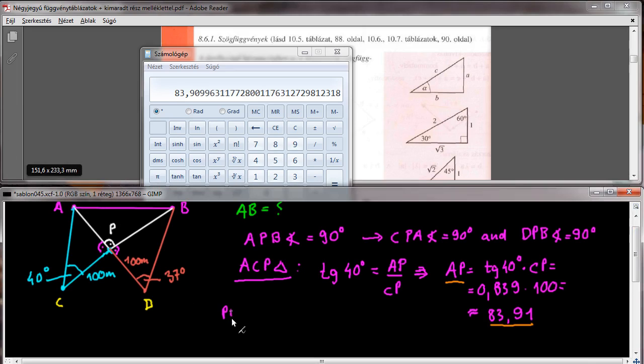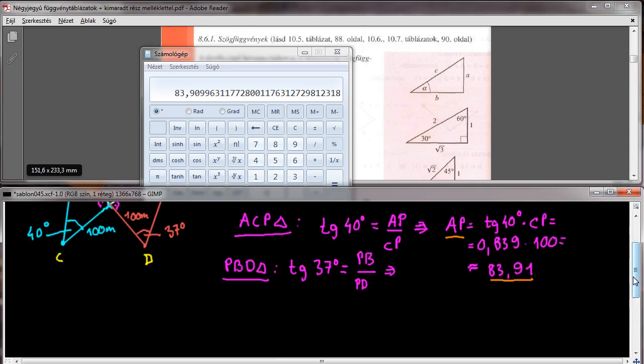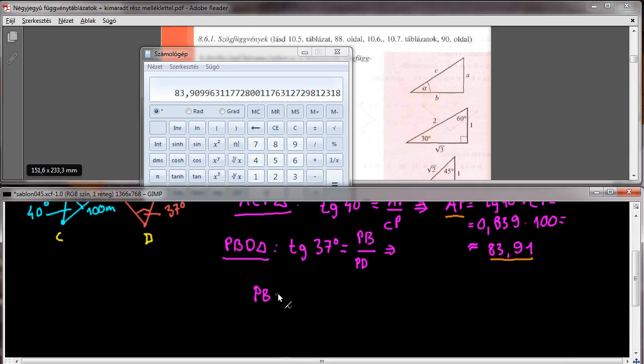So PB, sorry, I'm now considering another triangle, the PBD triangle. Okay, I do exactly the same. I know that it's a right triangle, I know one angle and one side, so tangent 37 degrees is equal to PB over PD, which follows that PB is equal to tangent 37 degrees times PD.